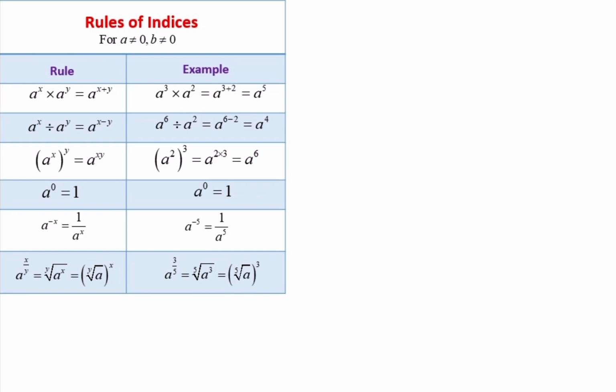So the first set of square numbers that you need to know are as follows. 1 times 1, which is 1. 2 times 2, which is 4. 3 times 3, which is 9, and so on.